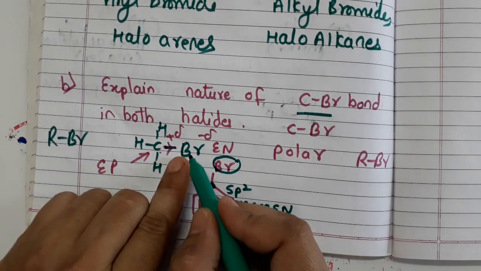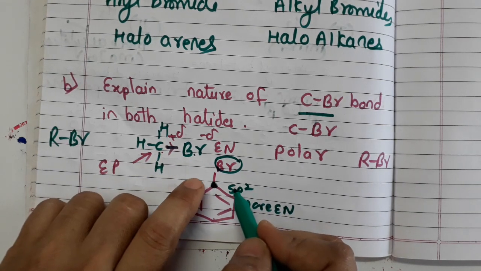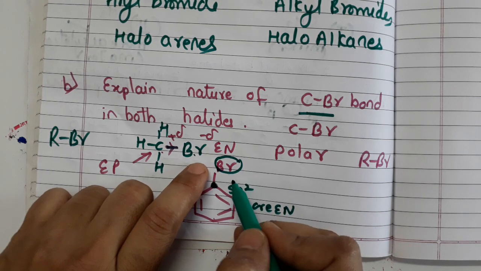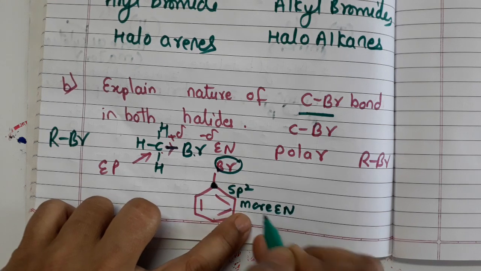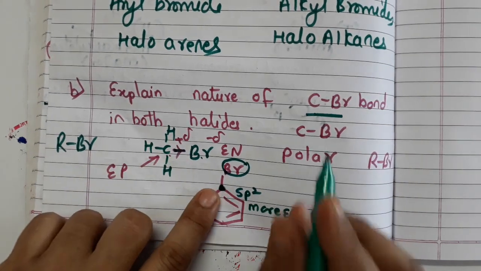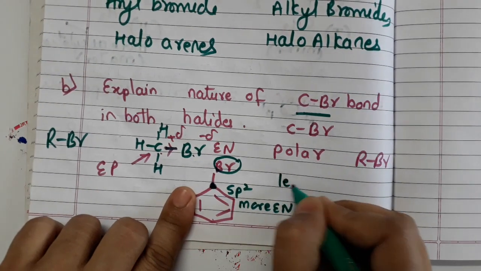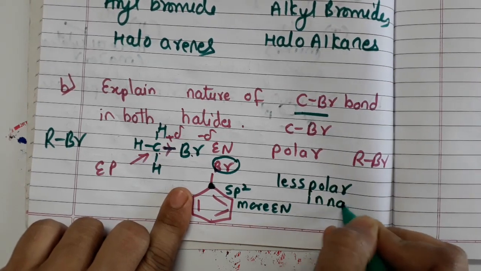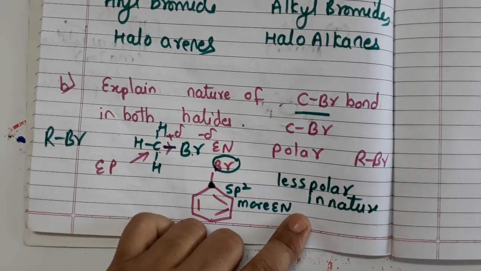So bromine will pull electron towards itself in this case also, but because this carbon atom is sp2 hybridized and more electronegative now as compared to alkyl bromide, this carbon atom will pull the electron back towards itself, and hence the bond becomes less polar in nature.